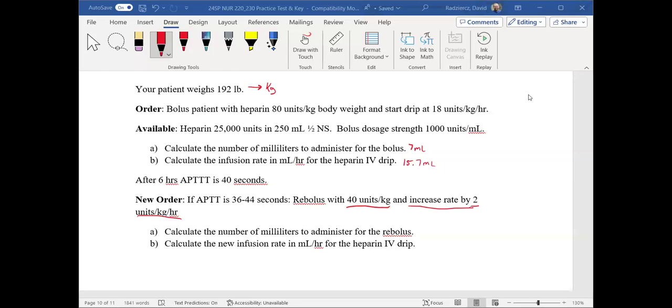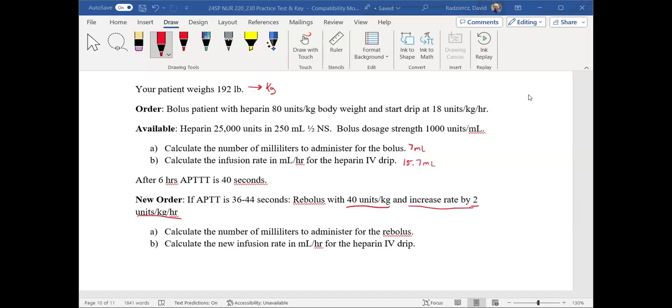I don't know. I'm confused. So you're referencing the bolus. The bolus, all we're doing is rebolusing, but this time with 40 units instead of 80. And then it says to increase the rate. What was the original rate?